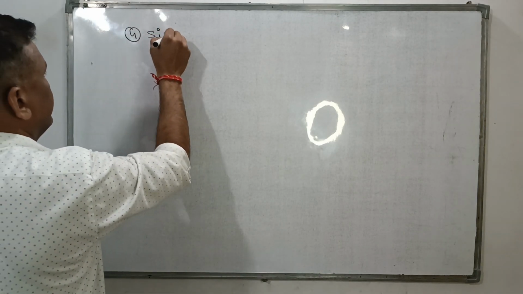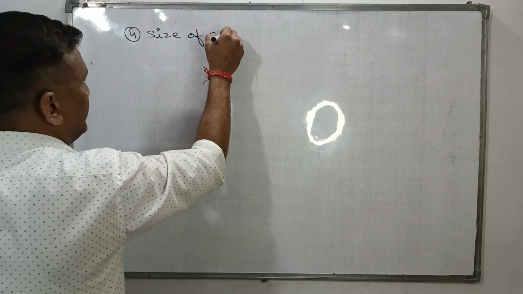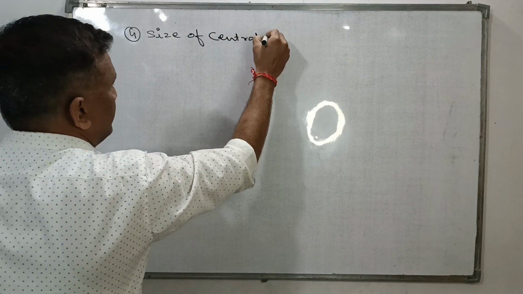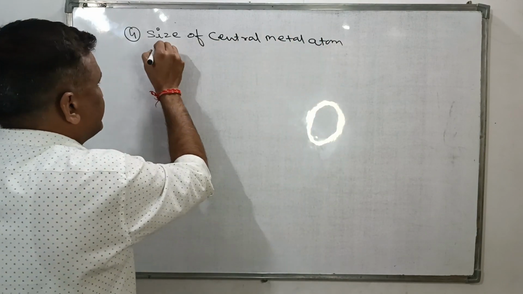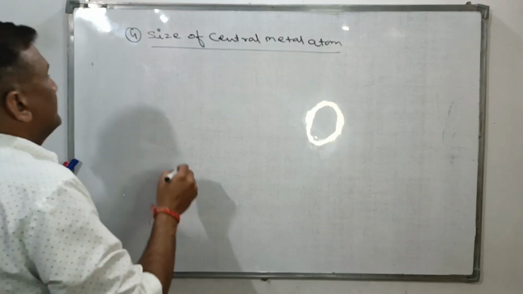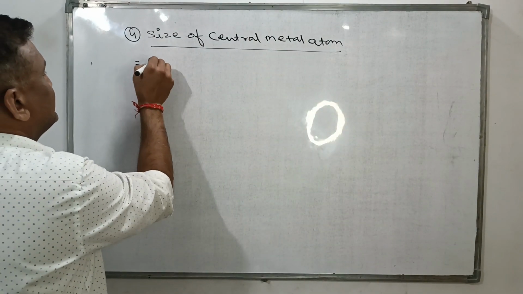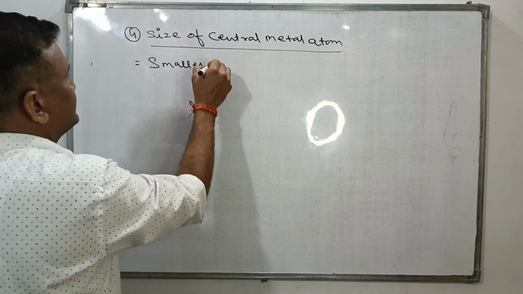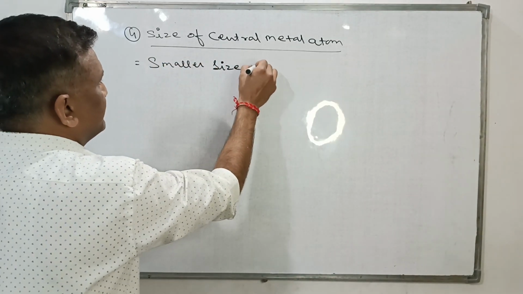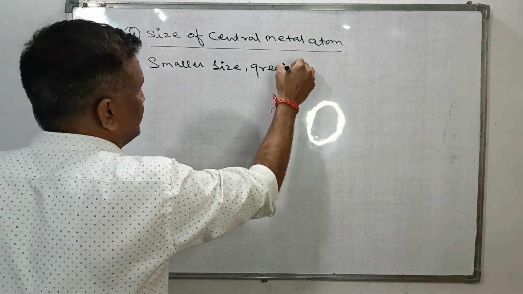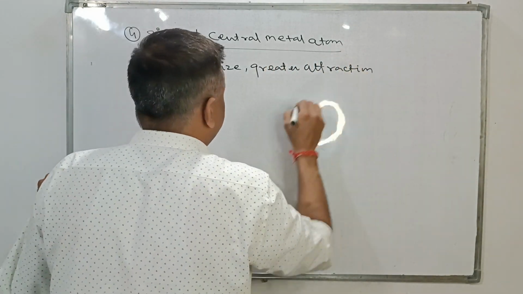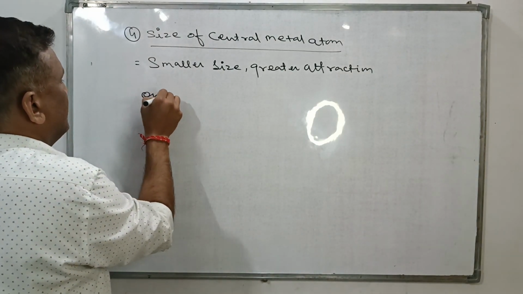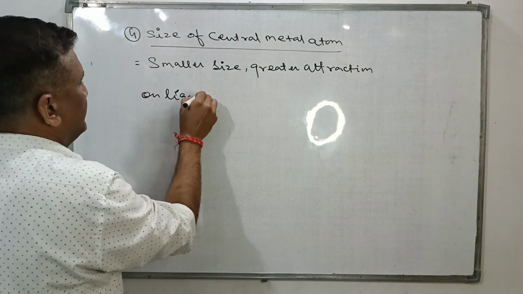Size of the central metal atom, or you can say radius of the central metal atom: smaller size means greater attraction on ligands.